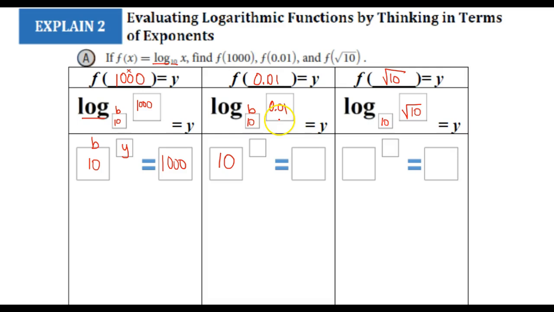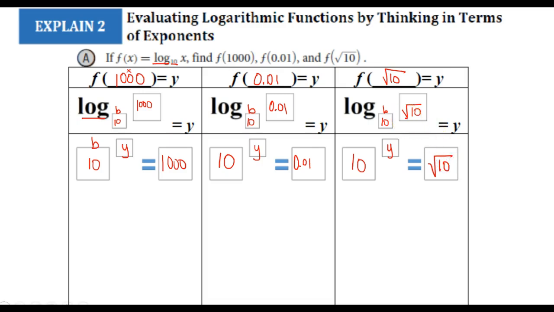Essentially the y and the 0.01 are going to switch places. And last but not least, our base is 10, and we're just going to switch places between the y and the square root of 10.